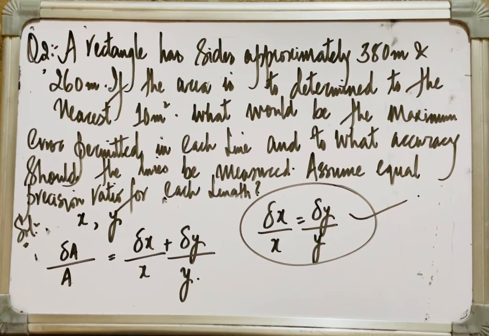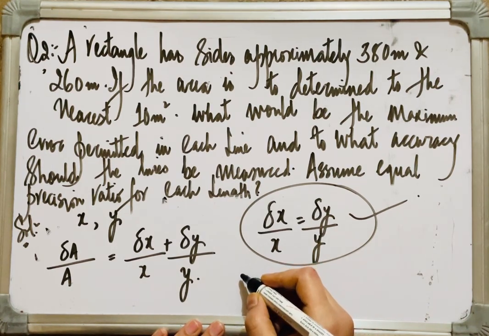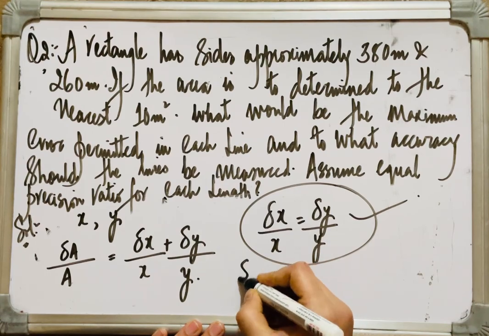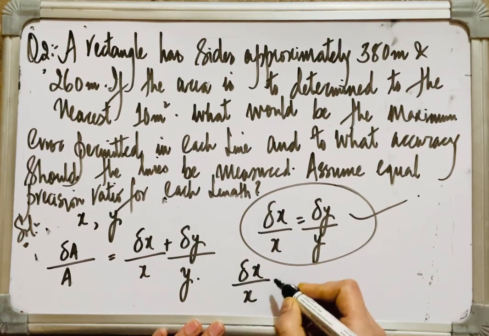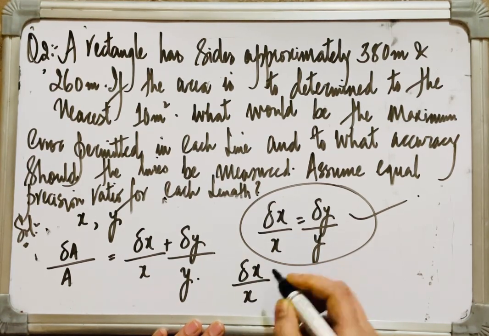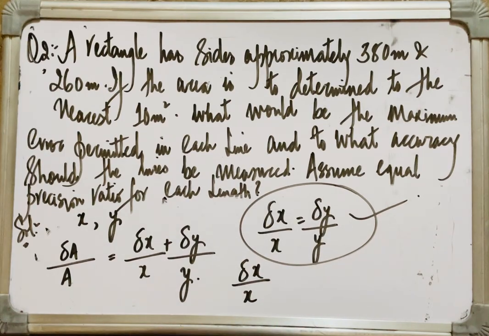We have been told that we have to assume that there is equal precision ratio in each individual length. That means delta x by x is equal to delta y by y. So I'll substitute this over here.